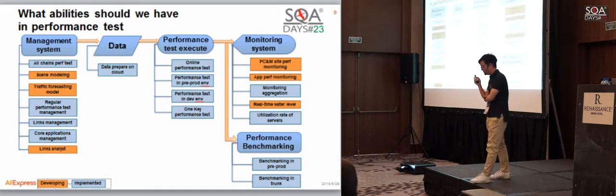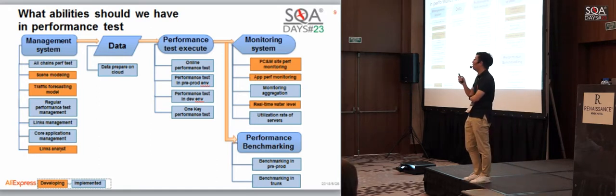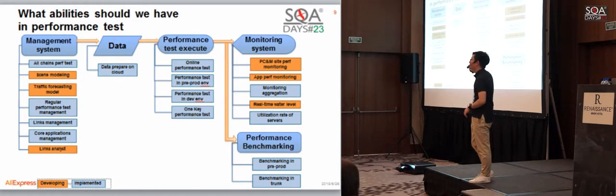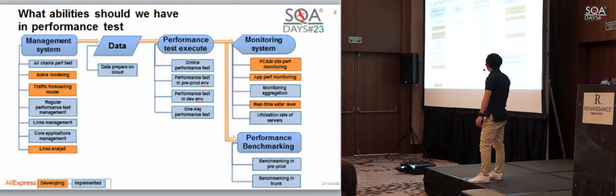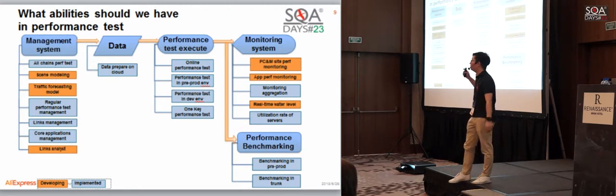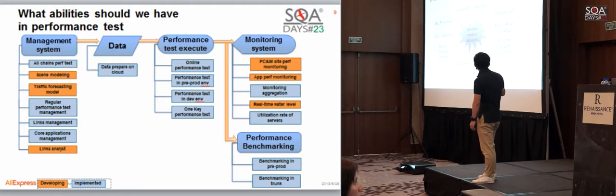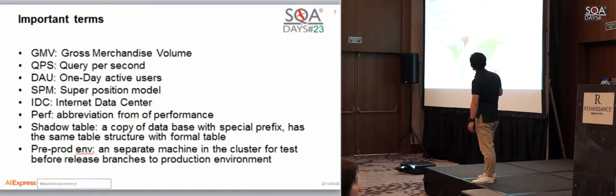It is handled by another team in our Alibaba group, so we only use these platforms, and I wasn't in that project. Maybe the traffic forecasting model also depends on our capacity forecast and our performance testing models, because in our performance test we need to.